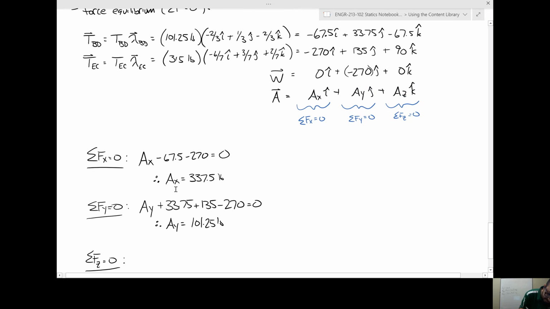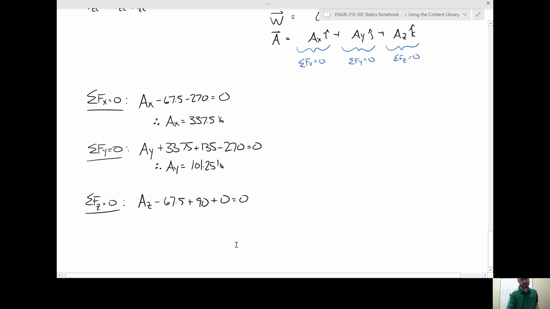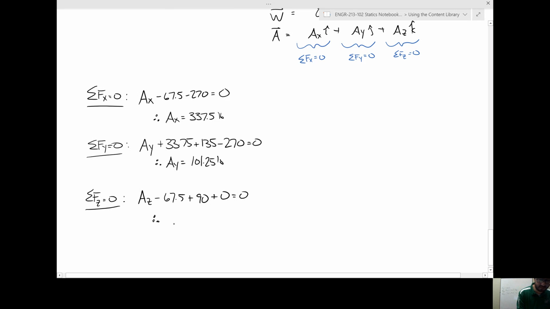So let me scroll up a bit. Okay, so AZ minus 67.5 plus 90 plus 0 equals 0. This term, I believe, comes out negative. Yep, that's going to be minus 22.5. And that's it. So we have AX is 337.5 pounds. We have AY is 101.25 pounds. AZ is minus 22.5 pounds.